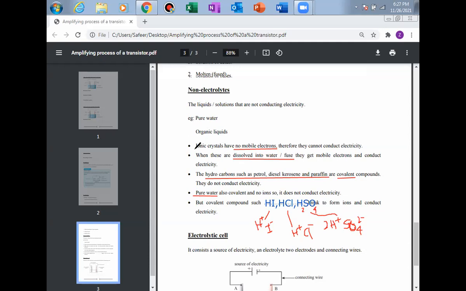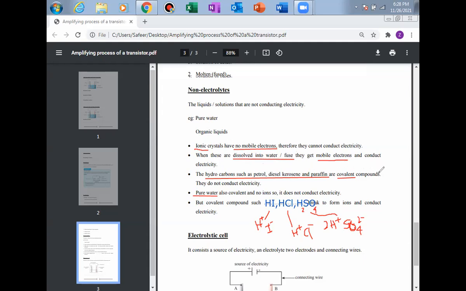Ionic crystals have no ability to conduct electricity because there is no mobile electron. When these are dissolved into water, they get the mobile electron and conduct electricity.